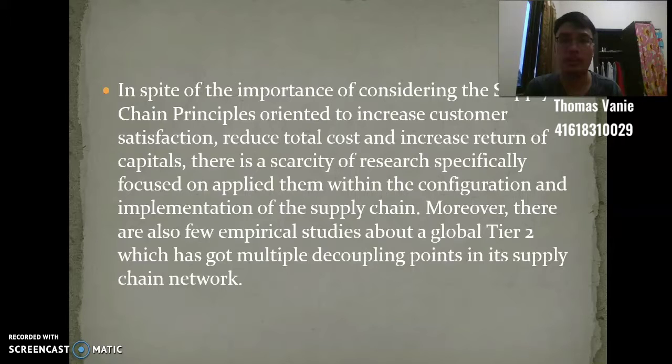Moreover, there are also few empirical studies about a global tier 2, which has got multiple decoupling points in the supply chain network.